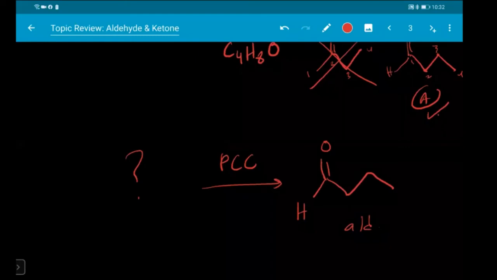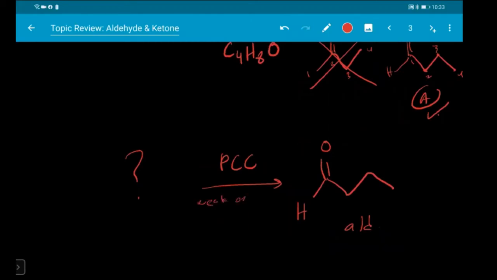What you oxidize to become an aldehyde. Kita tahu yang PCC ni adalah weak oxidizing agent kan. Apa benda yang kita pakai untuk oxidize? Pakai PCC untuk jadi aldehyde.